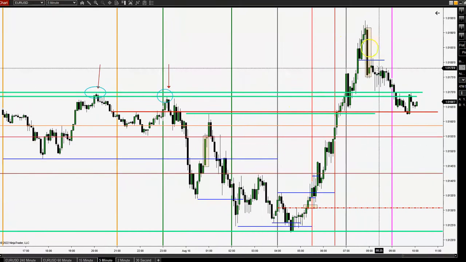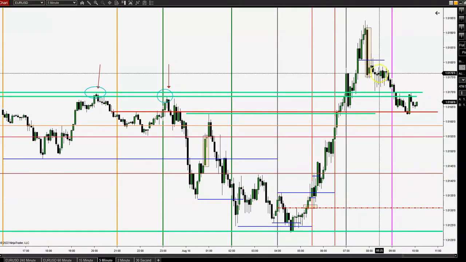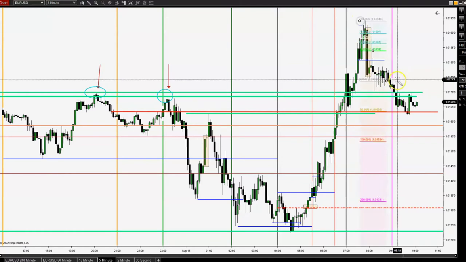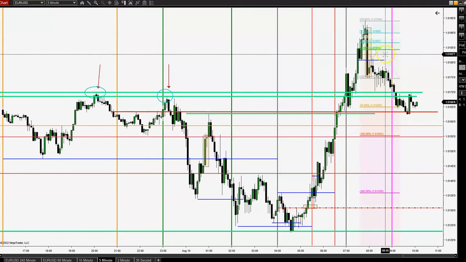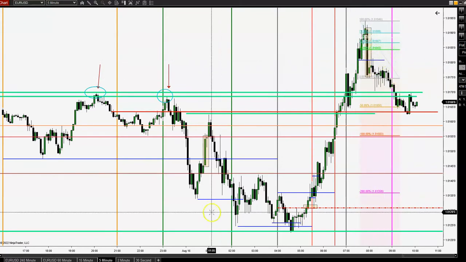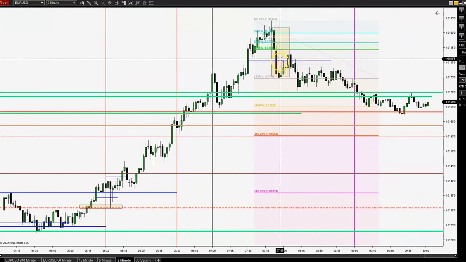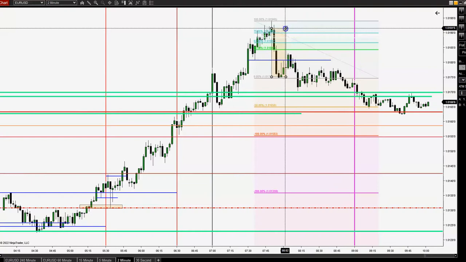I don't want to see this type of jitter going on. And even though this was a setup, if I draw my fib, another part of my rules is that it needs to get up into the 50, and actually this one did get up there. Let me see here real quick. Let me remove this out of the way.